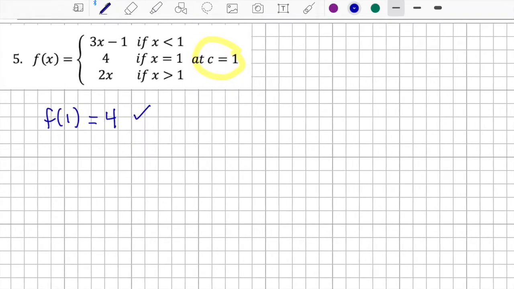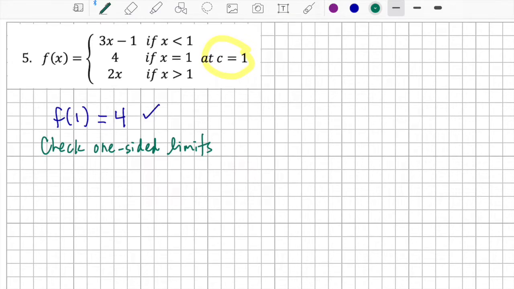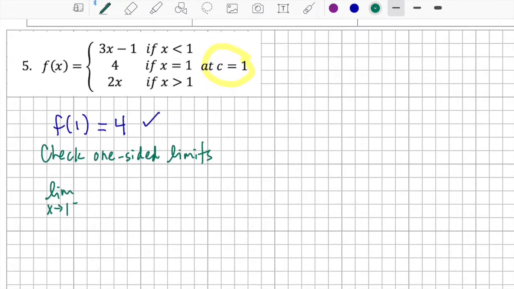So now we're going to check the second condition, which was to check one-sided limits. So the first one we want to check is what is the limit as x approaches 1 from the left of the function.